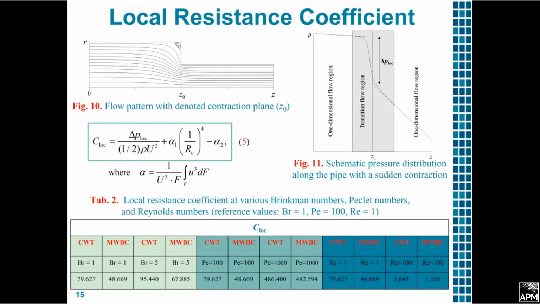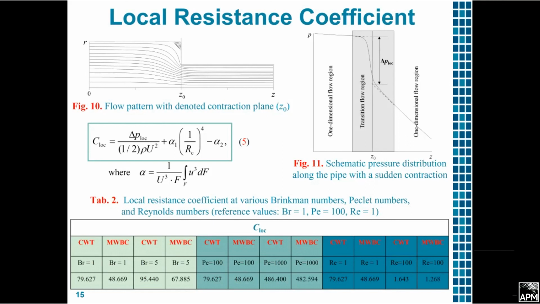So to analyze the effect of the thermal wall boundary conditions on the local resistance coefficient, we considered its values depending on the main parameters of the problem. And you can see these values in table 2. What you can notice is that MWBC case provides more efficient conditions of the flow because the values of C log are less in this case.